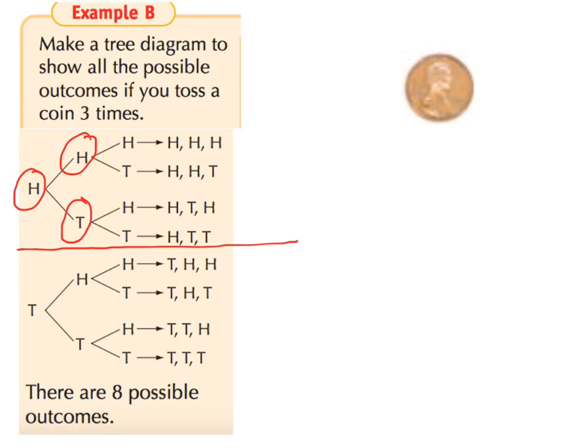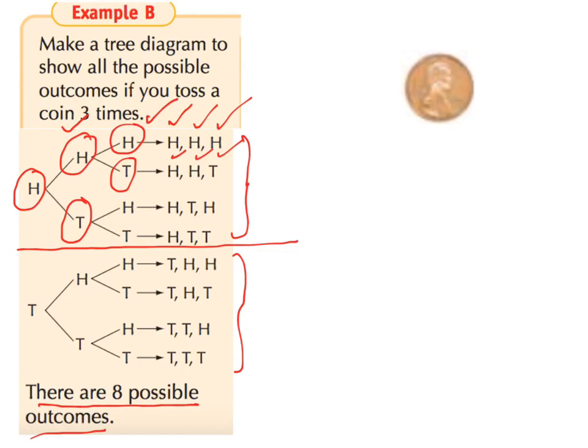Say we landed up with heads the second time also. Now when we are ready to toss the third time, we may again land up with heads or with tails. Let's take that we landed up with heads again. So one possibility of tossing a coin 3 times is heads, heads, and heads. The second possibility could be heads, heads, and tails, and so on. So there are 8 possible outcomes when we toss the coin 3 times.